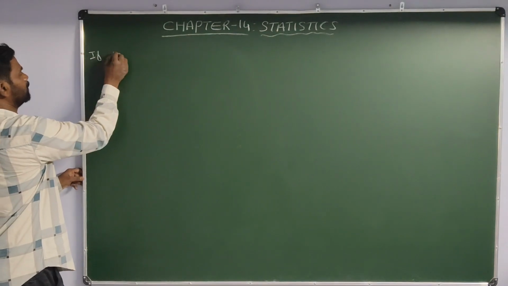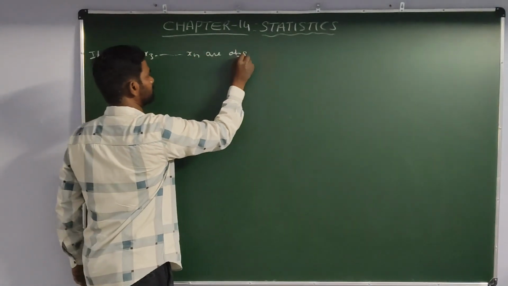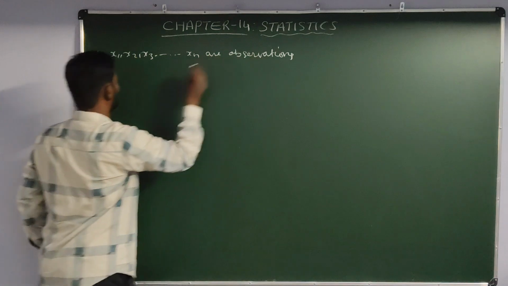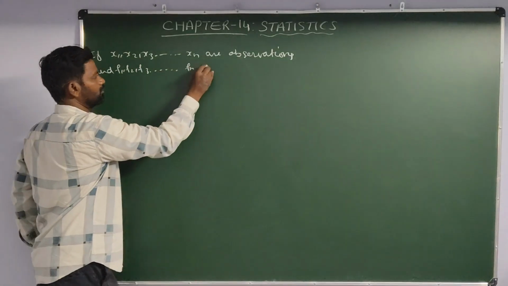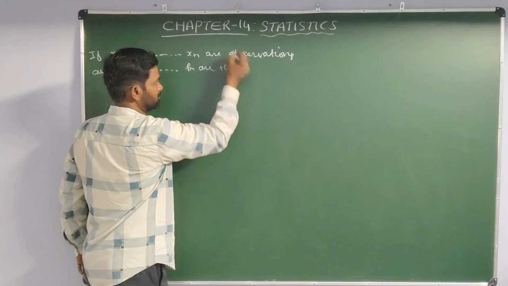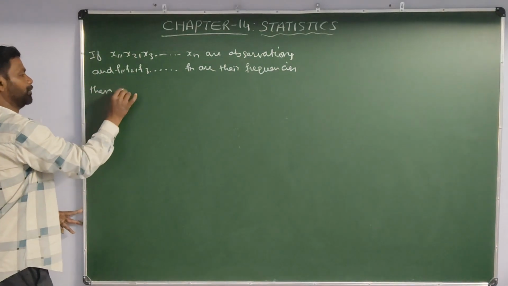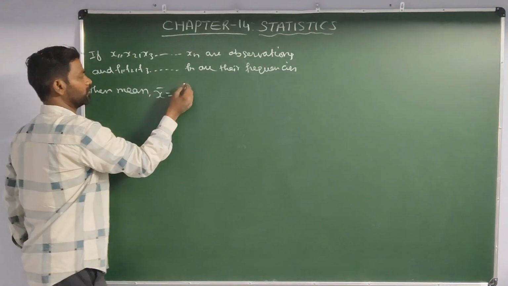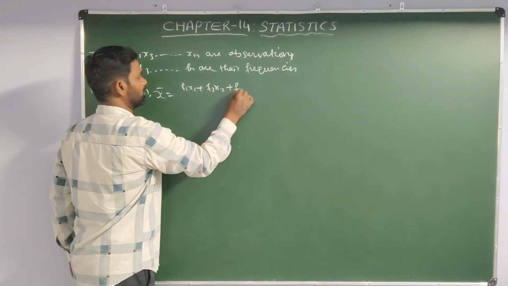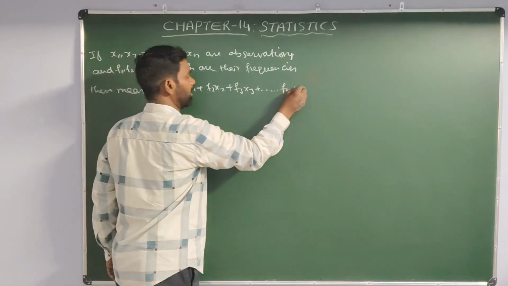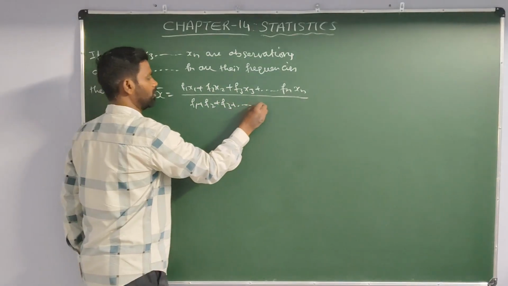If x1, x2, x3, and so on up to xn are observations, and f1, f2, f3, and so on up to fn are their frequencies, then the mean x bar is equal to (f1 x1 plus f2 x2 plus f3 x3 plus so on fn xn) divided by (f1 plus f2 plus f3 plus so on fn).